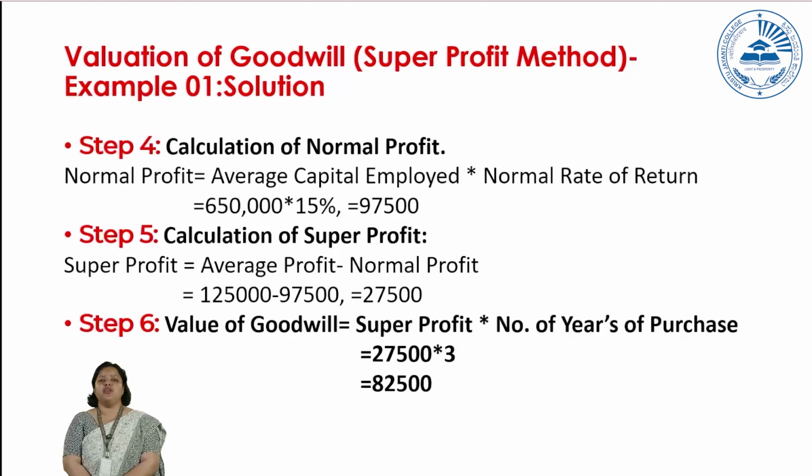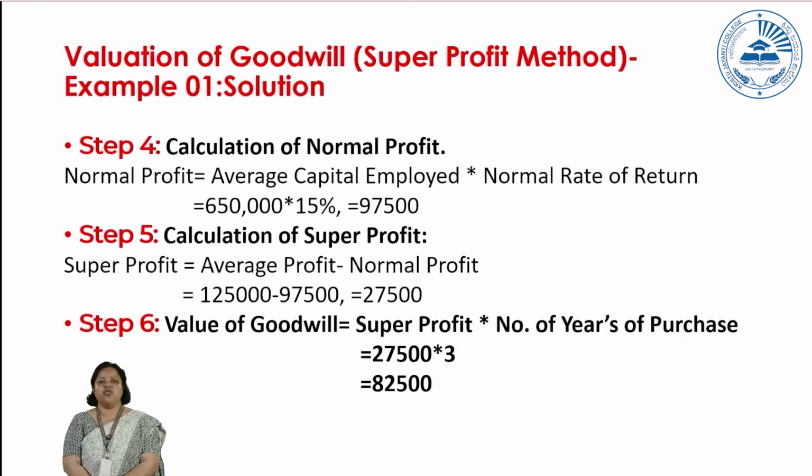Step 4, calculation of normal profit. How to calculate normal profit? The formula is average capital employed into normal rate of return. The average capital employed we calculated in the last step is 6,50,000, into 15%, which is given in the question itself as the normal rate of return. So we got normal profit of 97,500.